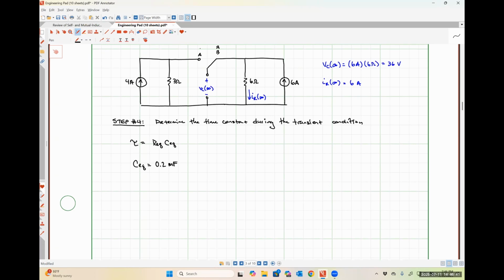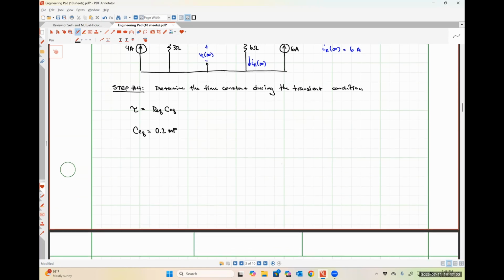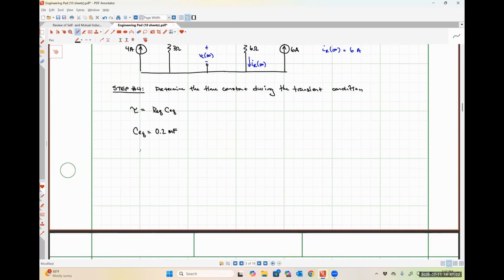So now we need to determine REQ. Just to remind you guys, what we're doing is finding the Thevenin equivalent resistance seen by our energy storage element, which in this case is our capacitor. And we're doing this during the transient condition. So I'm going to redraw our circuit. Here's our 4 amp source, our 3 ohm resistor.